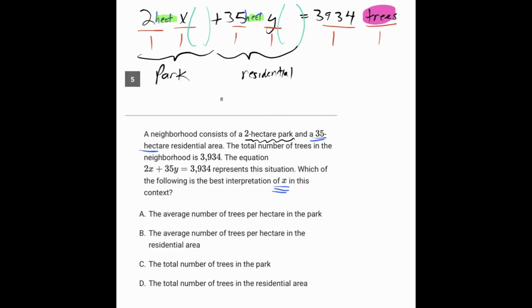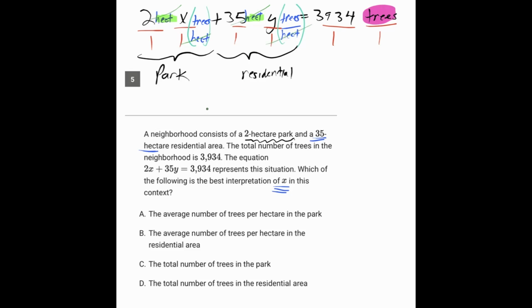So what do we need to multiply hectares by in terms of unit conversions to get trees? And the answer is really an easy one. The answer is trees per hectare, and I'll show you why. So I'll put trees per hectare here, trees per hectare there. And what happens is hectare cancels with hectare.